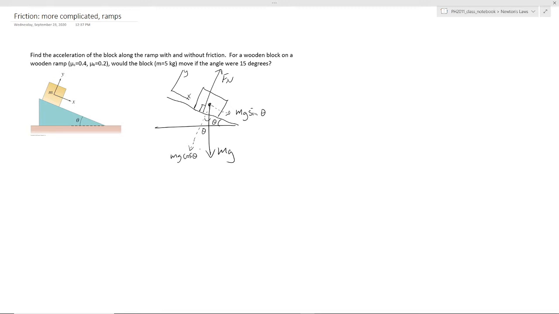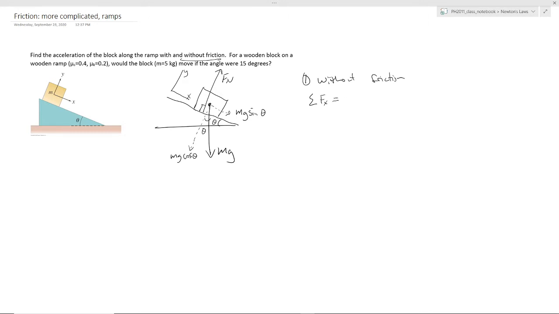And first, let's look at the case without friction. So this should be review, and then we'll add friction in. So without friction, if we sum the forces, let's be meticulous and look at the forces in both x and y.